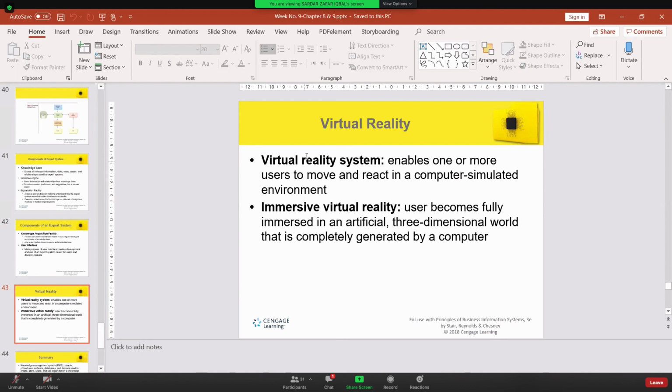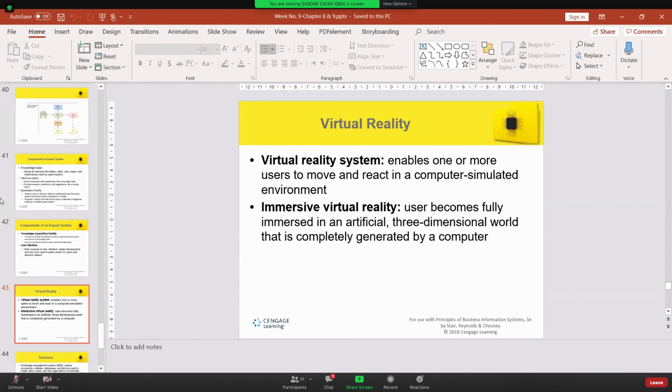Also, pilots normally do their training in a virtual environment that looks like the real environment.